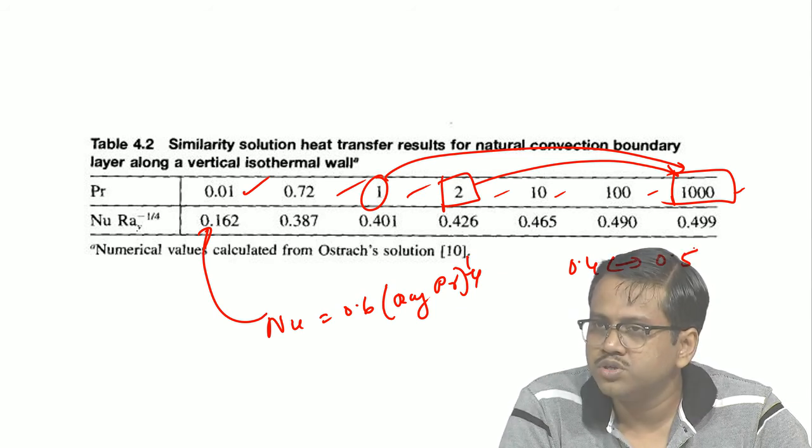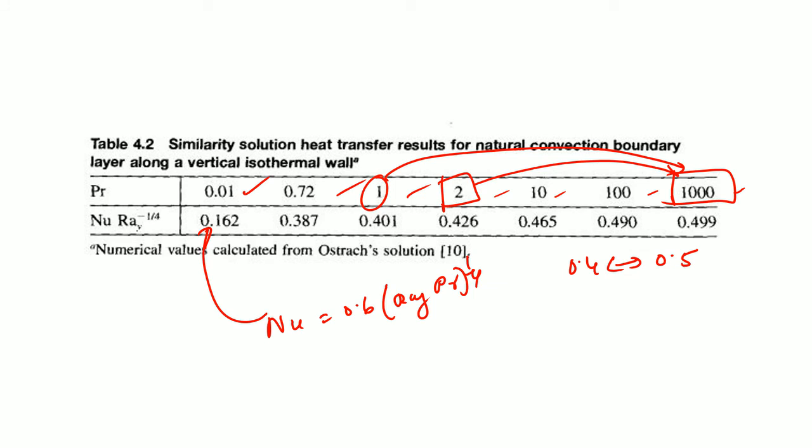That would roughly translate to not a very significant change, about 15 to 20%, when the Prandtl number varies by 3 orders.